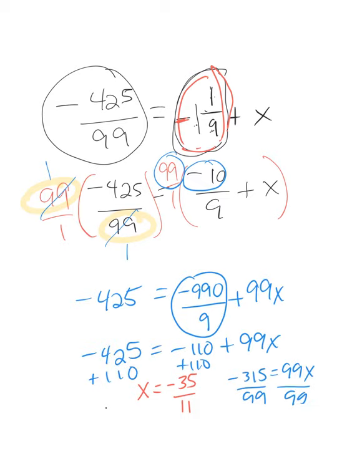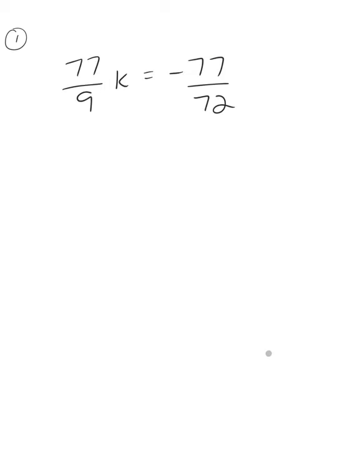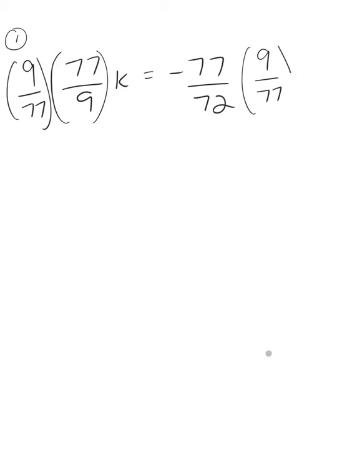So now, what should I do? You should multiply by the reciprocal. 9 over 77. You write that on both sides. So we multiplied by the reciprocal. Now, you could type all of that in your calculator, or just know that... Will it work for my calculator?